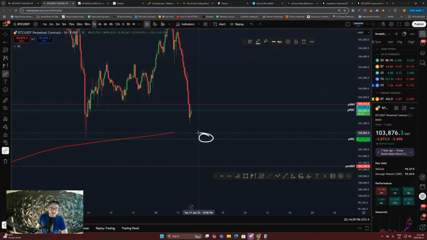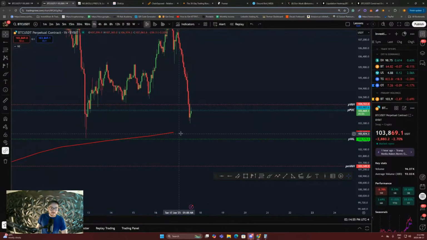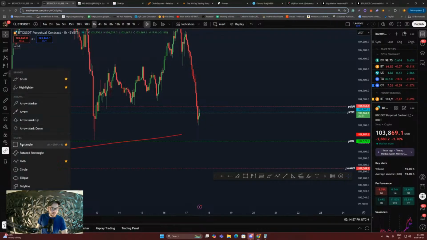And when we get to this value area low, we're going to have the 50-day EMA and this liquidity from back on the 12th of June that we could sweep and prepare for a potential retracement back up. So there's a high confluence area right here to prepare for longs.